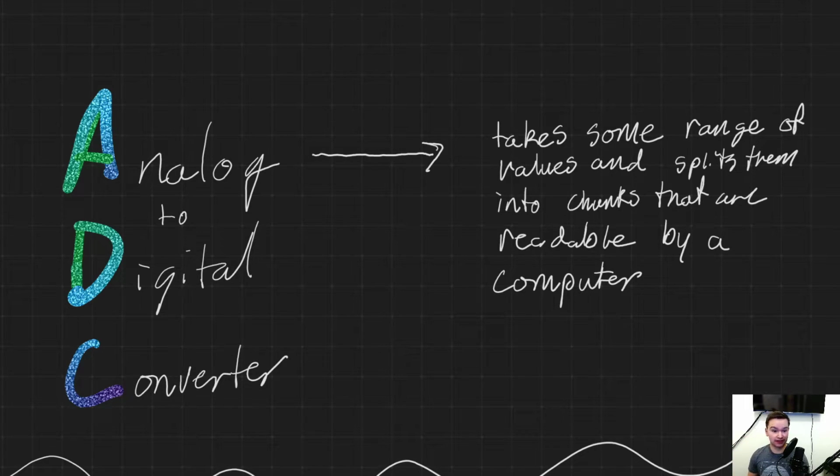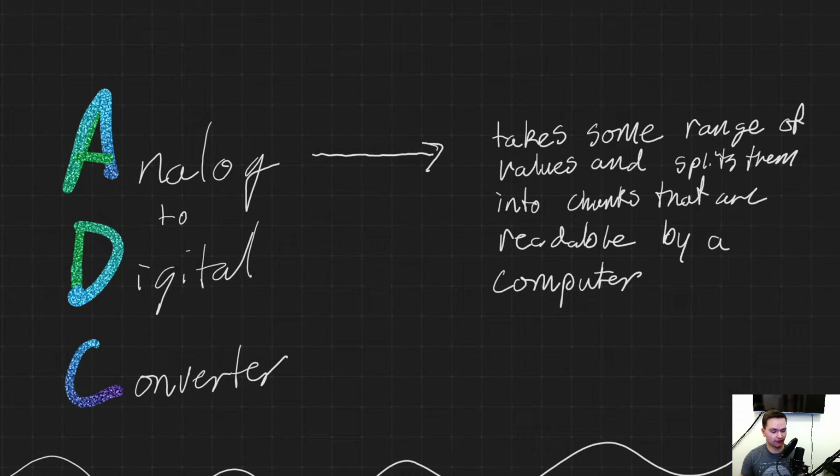Well, I can measure that in meters, or I can measure it in centimeters, or centimeters can be divided down into millimeters or decimeters, or like smaller and smaller and smaller, but I need some way to quantify that in a very set value. So we take some range of values that could be infinite, and we're going to split that into chunks where it says, okay, over this chunk, I'm going to read this value. And then if I hit one more of those chunks, I'm going to increase that value by 1.